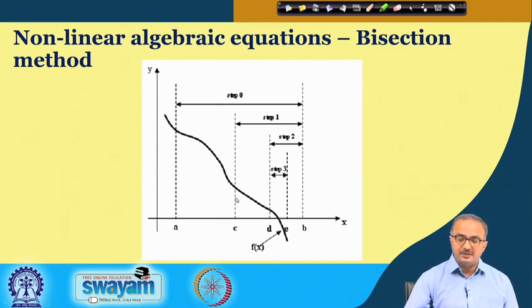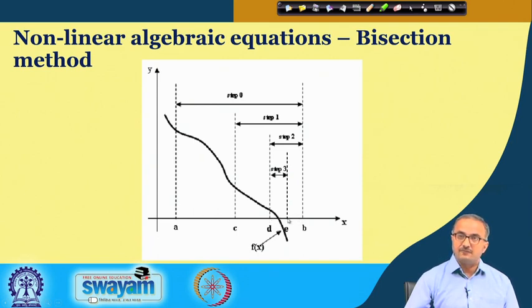After shrinking this region, again I take a midpoint of these two. I find the value of f(x) here, and between this f(x) and this f(x), if I take a product, it comes out positive. But between this and this value, it comes out negative. That means I have again shrunk my region of search between this point and this point.